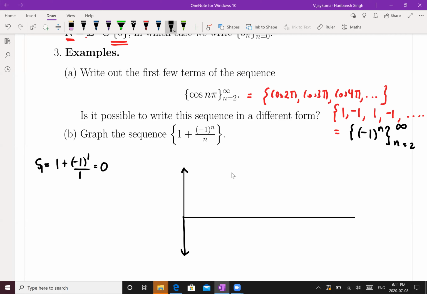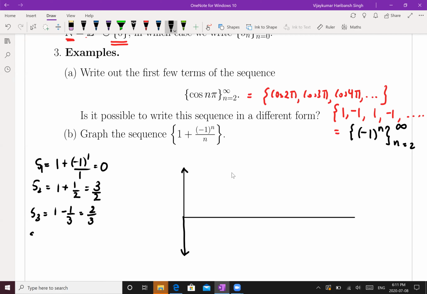Let's look at S2. S2 is going to be 1 plus 1 by 2, which is 3 by 2. S3 is going to be 1 minus 1 by 3, which is 2 by 3.